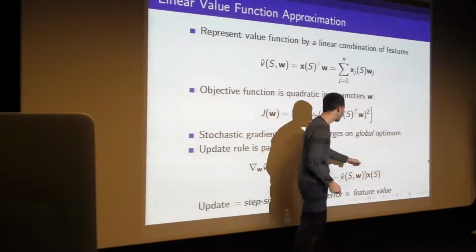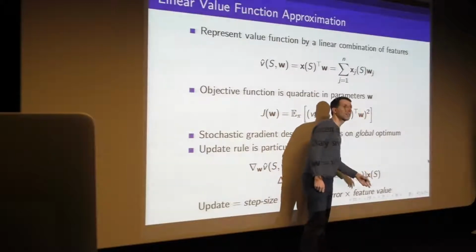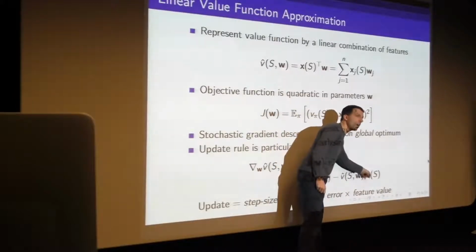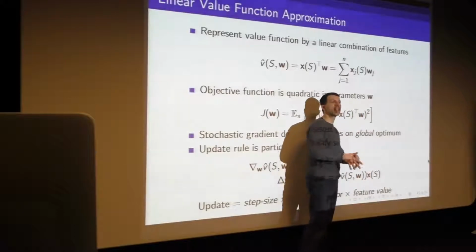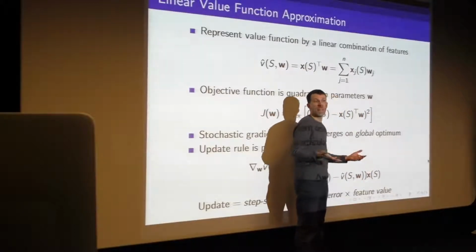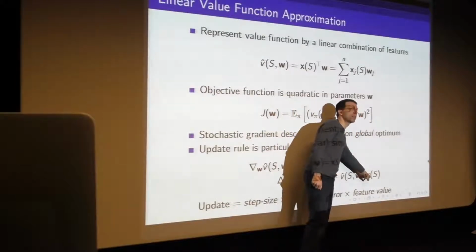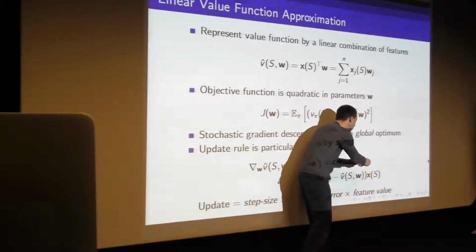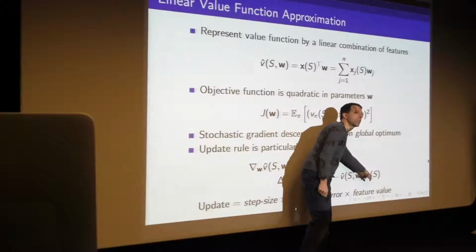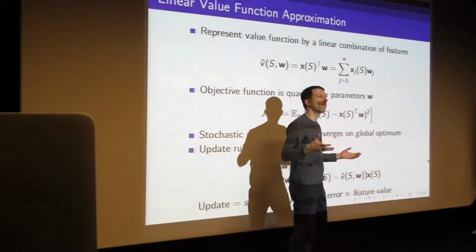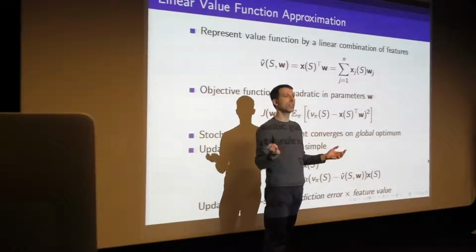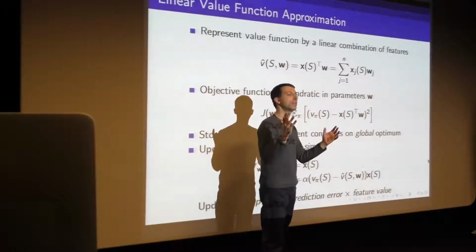And what we're going to do is look at each of the features and say, whichever one of these features is on or highest is going to take the most credit for that error which I see. So we basically adjust things by changing the weights which have the most active features. Like imagine you're playing chess and you've got a feature to say, have I got a queen?